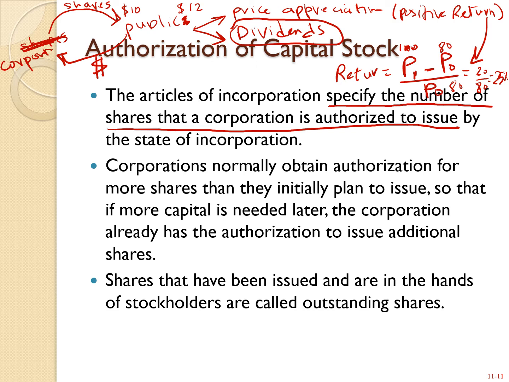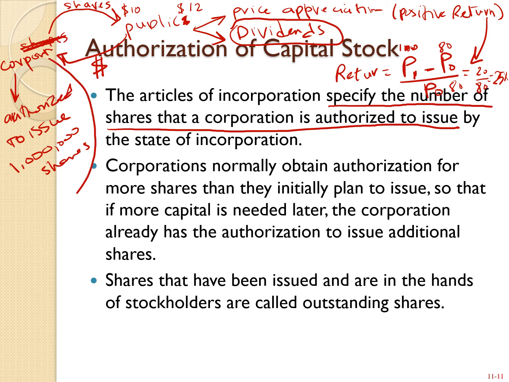Now, to get back to the incorporation and the law side of the whole story, this company is authorized to issue a specific number of shares. The company can be authorized to issue 1 million shares. And this is the maximum number that this company is allowed to issue.